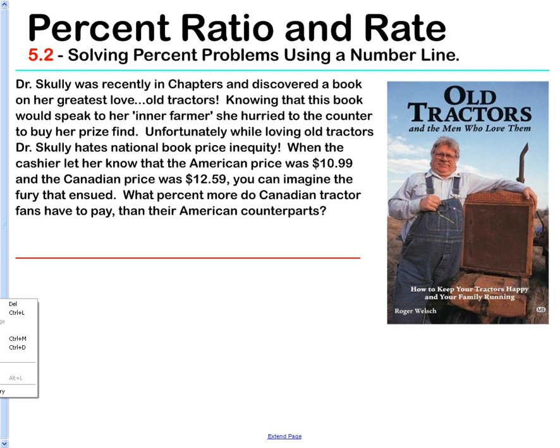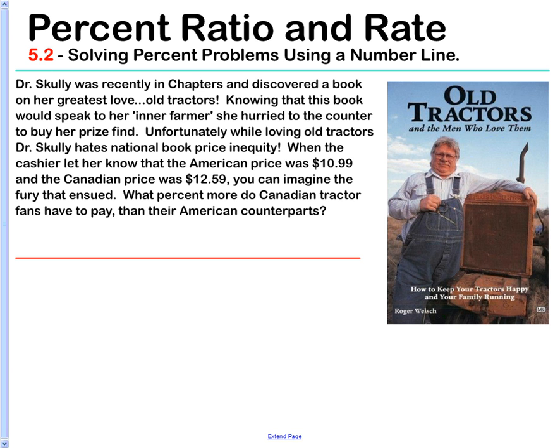Knowing that this book would speak to her inner farmer, she hurried to the counter to buy her prize find. Unfortunately, while loving old tractors, Dr. Scully hates national book price inequity. When the cashier let her know that the American price was $10.99 and the Canadian price was $12.59, you can imagine the fury that ensued. What percent more do Canadian tractor fans have to pay than their American counterparts?